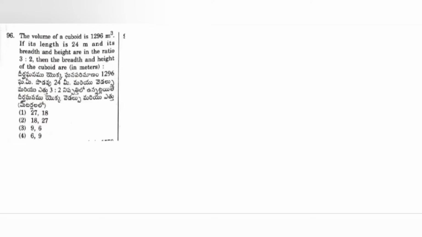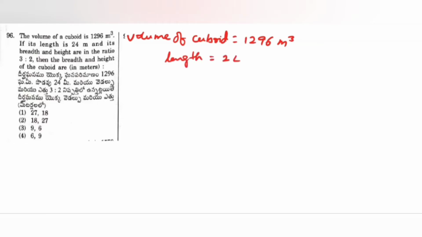Now let us see what is the correct answer in the given options. What are the given things? Volume is given. Volume of cuboid is 1296 meter cube, and length is also given. Length of the cuboid is 24 meters, and he has given the breadth and height ratio.